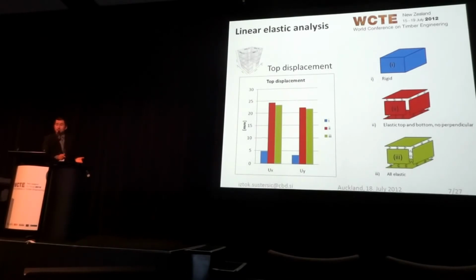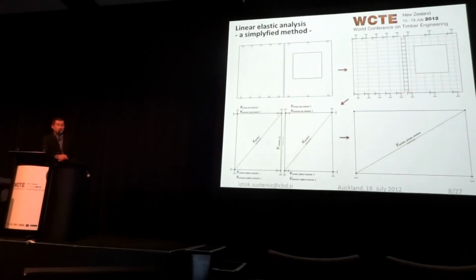Now, in the case of Eurocode, where we have to check the story drifts for every kind of structure, be it steel, concrete, or timber, this results in about a factor of 4 to 5 of underestimated displacement.